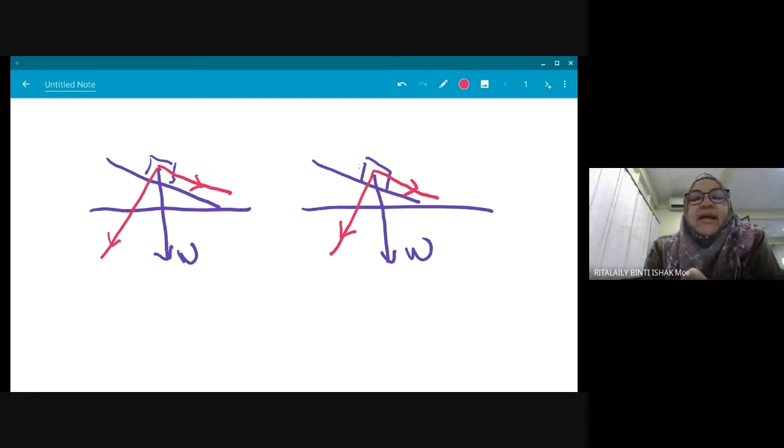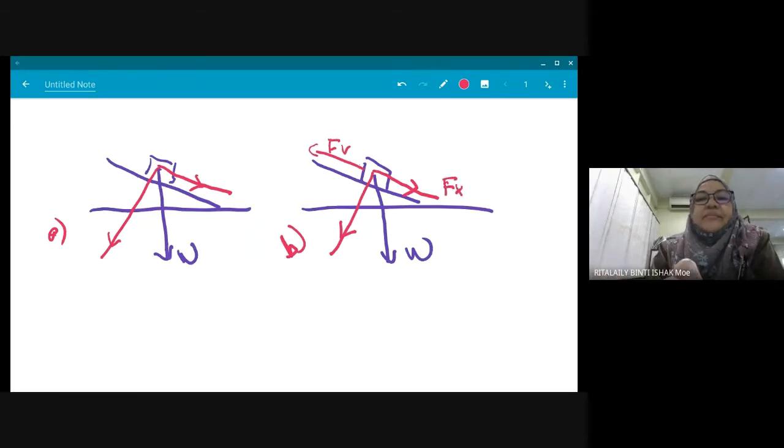Let's say there is no friction for diagram A, but there is a friction for diagram B, Fr. Here we label the component as Fx.